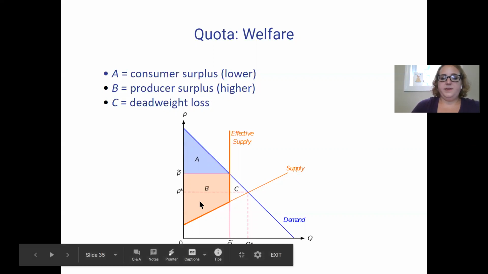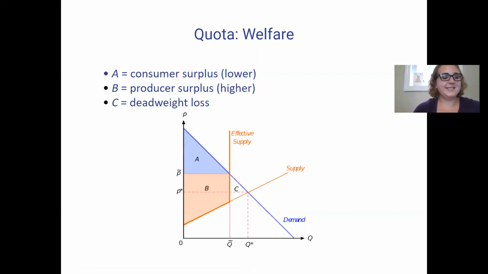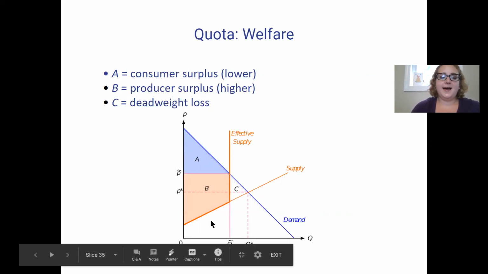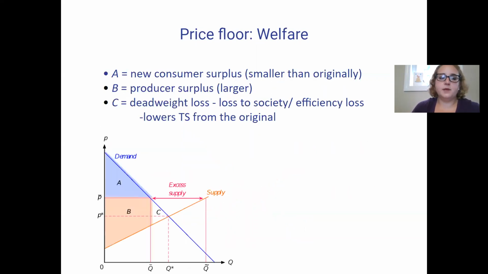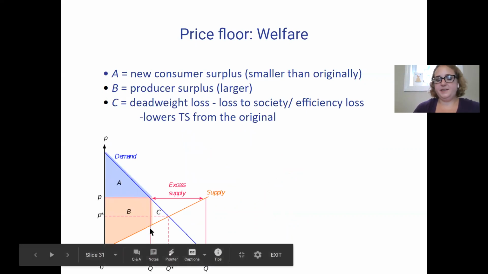Now, this might look very familiar, or should look very familiar just from a few minutes ago. This is pretty much the same story as we had for the ceiling, or the floor, excuse me, the floor. So go back. This picture is basically the same. We could cut off here at a certain quantity.